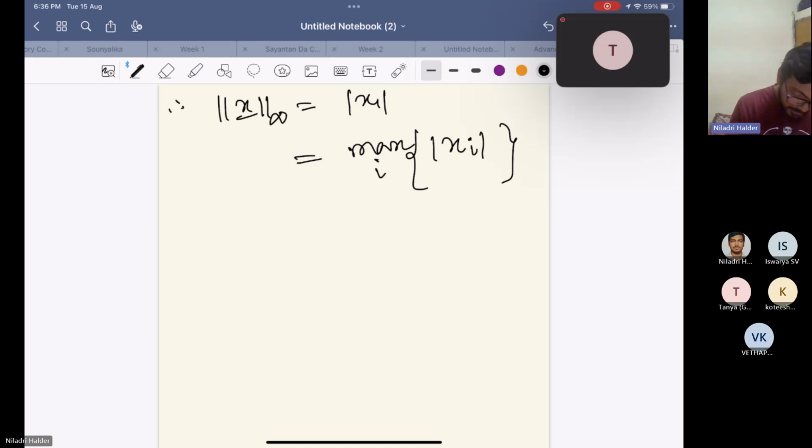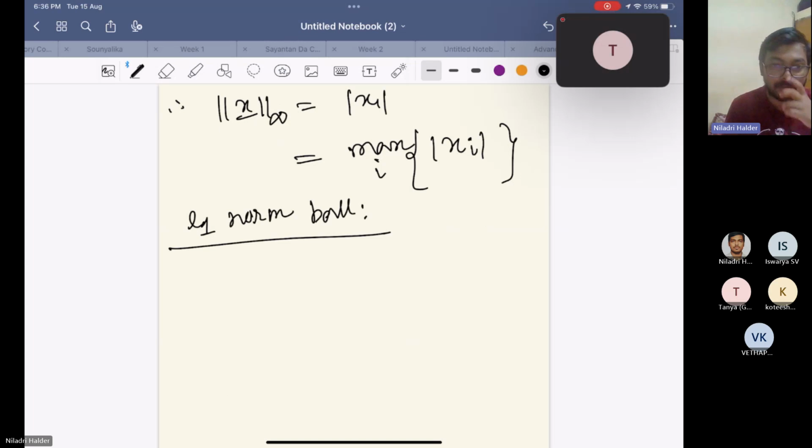And one more thing is the norm ball. What should be the diagram of all three norm balls? First, the L1 norm ball. Suppose this is a unit radius norm ball, so the norm of x is less than or equal to 1.